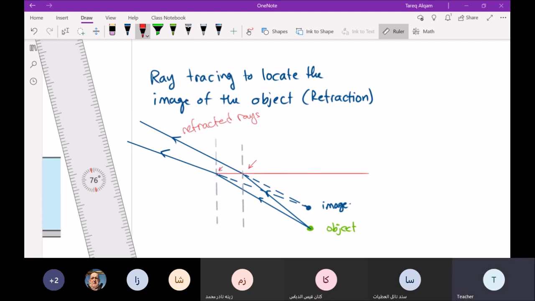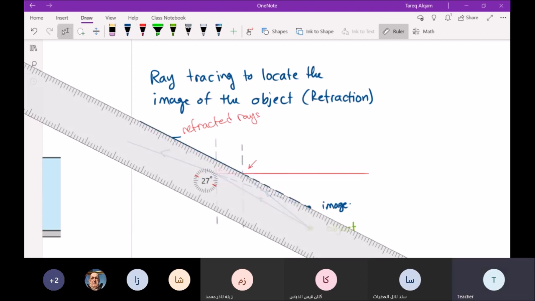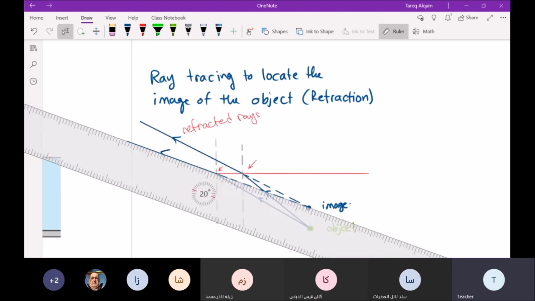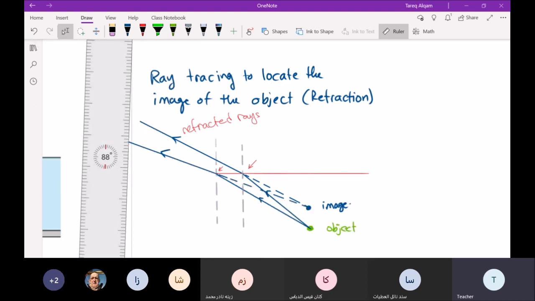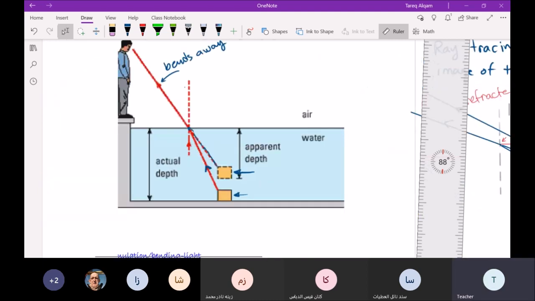After that, draw the refracted ray using a ruler, starting from the possible position of the image, like what I did now, right? This is the first refracted ray from the image. This is the second refracted ray from where? From the image. In this way, you can locate the image, and you will be asked to do this also in the past paper questions. Any question about that?